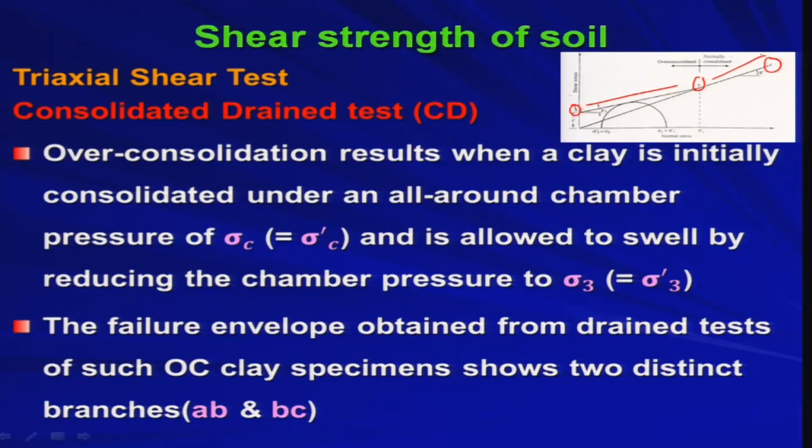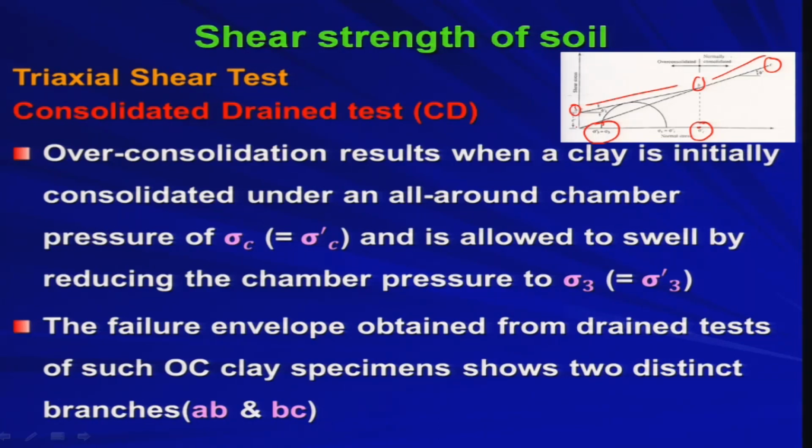Now, what you did, basically, you consolidated the specimen, you applied all round cell pressure of an amount sigma c prime, right. So you had reached up to this. Now you are performing the test by reducing sigma 3 up to this point, and then you are doing the shear failure triaxial test.